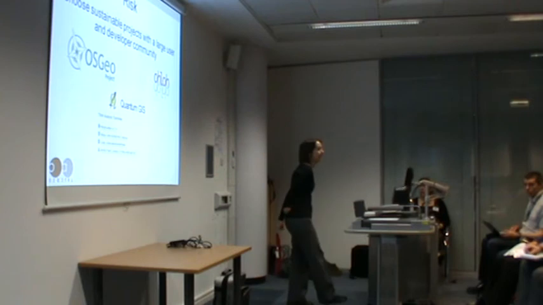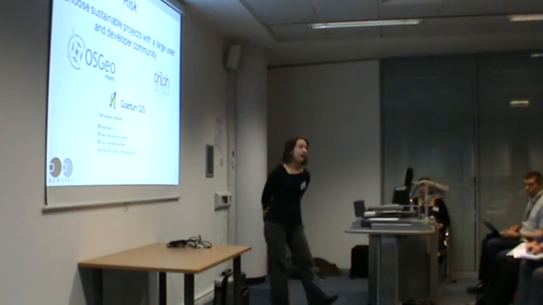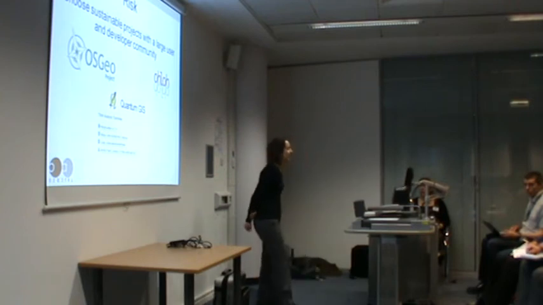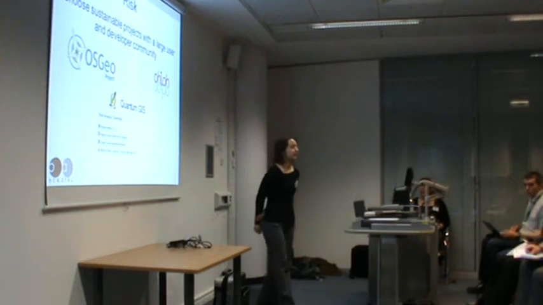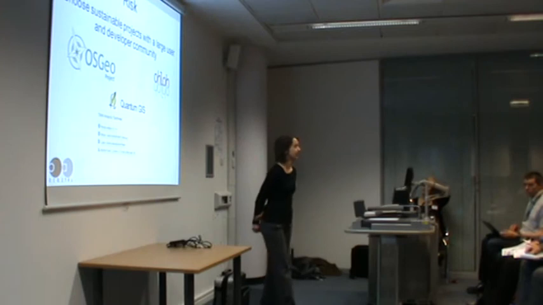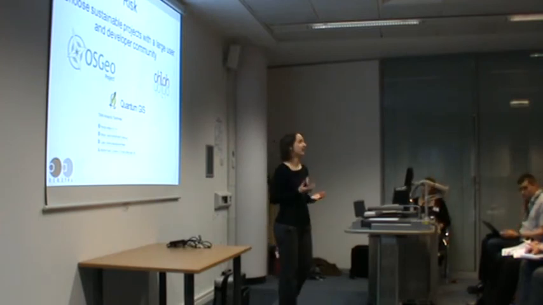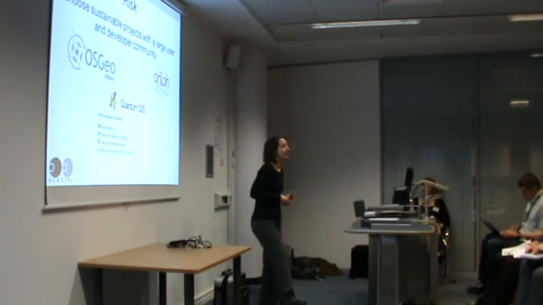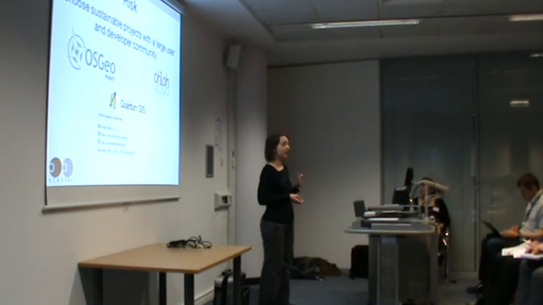So, how do we mitigate against risk? In the open source geospatial space, it's the same as the wider open source space, really. Sustainable projects with a large user and developer community. The point about having a large user base is that chances are somebody else has come across the same problems that you might have.